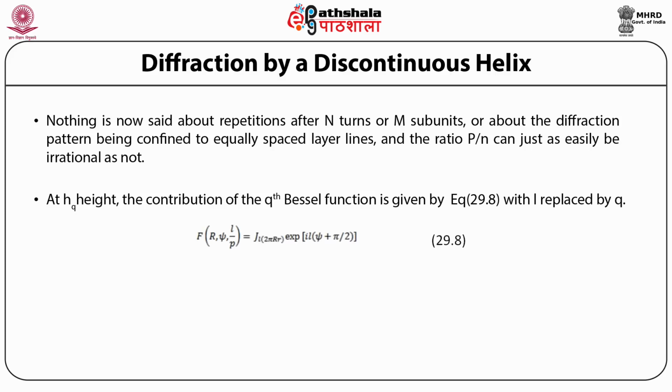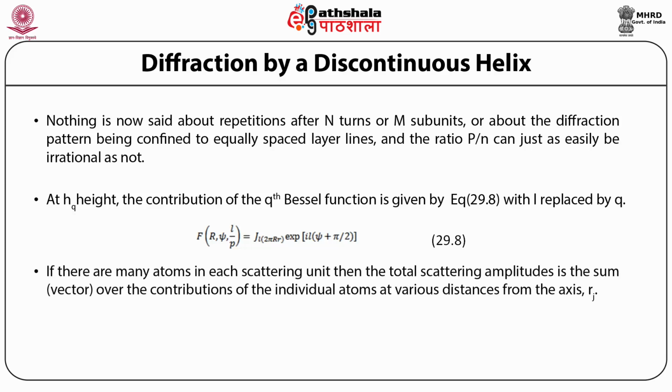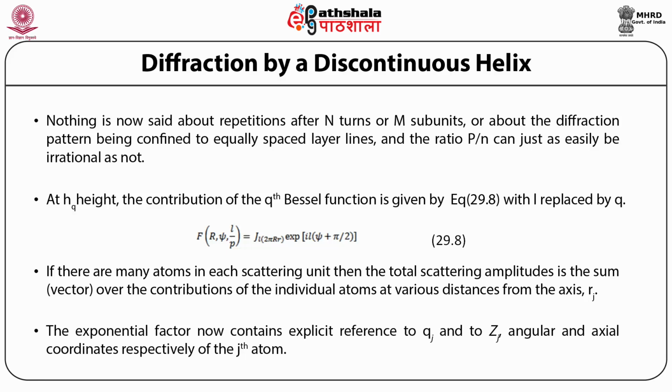So capital F as a function of R, psi and l over P is given by a product of the Bessel function J of order l of 2 pi r R, multiplied by e power i l times psi plus pi by 2. If there are many atoms in each scattering unit, then the total scattering amplitude is a sum over the contributions of the individual atoms at various distances from the axis, r_j. The exponential factor in equation 29.8 now contains explicit reference to phi_j and z_j, the angular and the coaxial coordinates respectively of the jth atom.